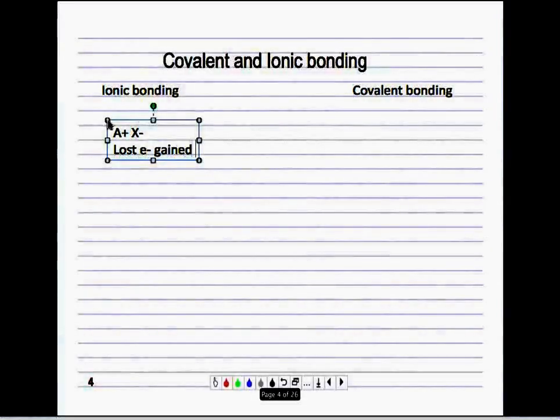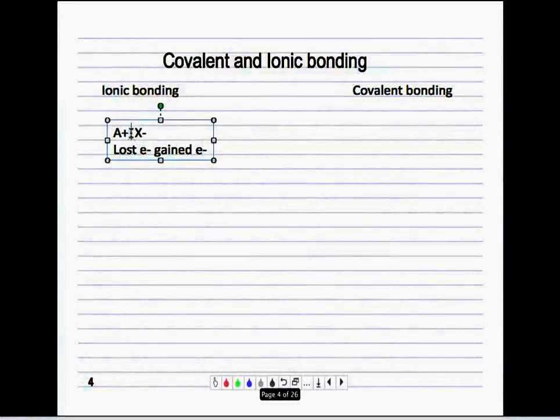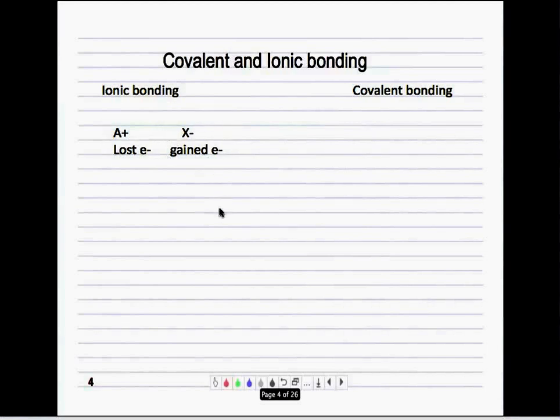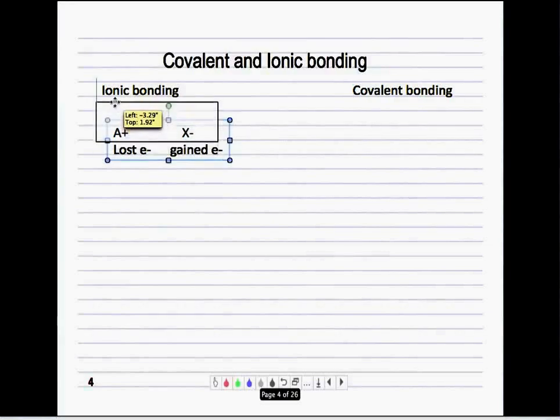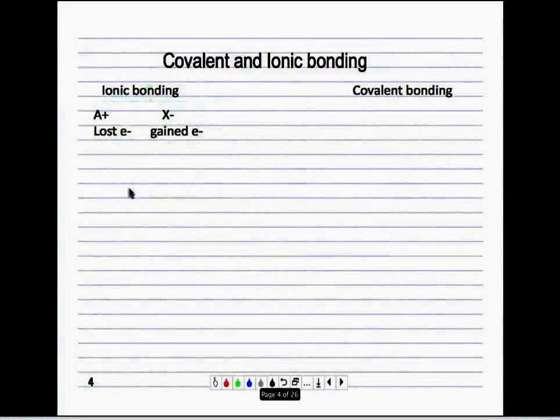The main idea here is that one of those totally lost an electron and the other one gained an electron. It can be 2 electrons, 3 electrons, 4 electrons, depending on what we have. But ionic bonding is all about losing and gaining. So A lost an electron, it's A plus, X gained an electron, it's X minus, and the only interaction between them is electrostatic forces.